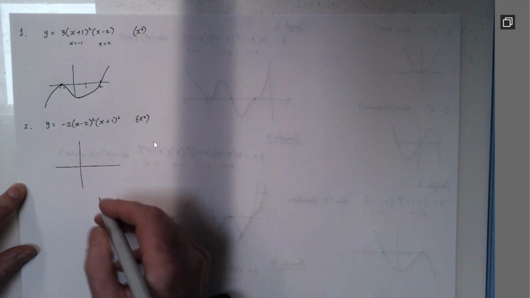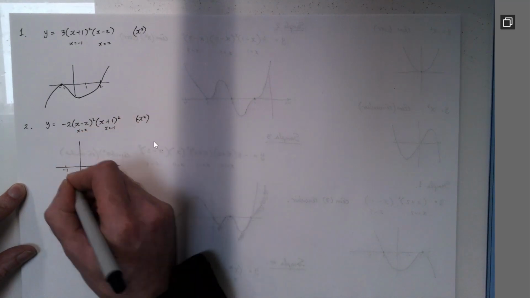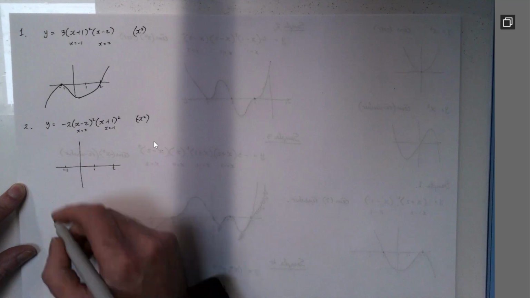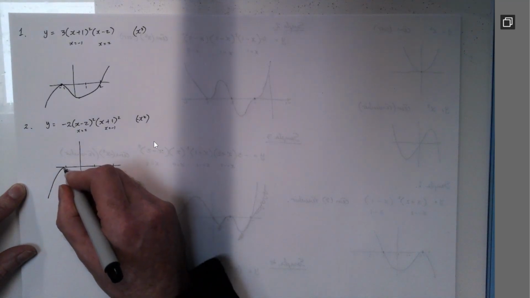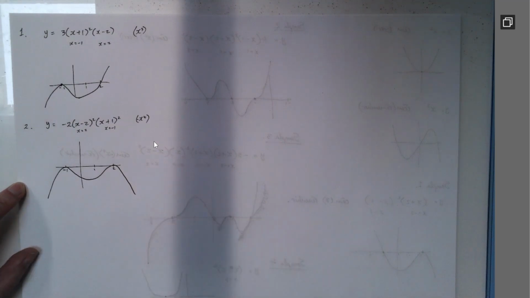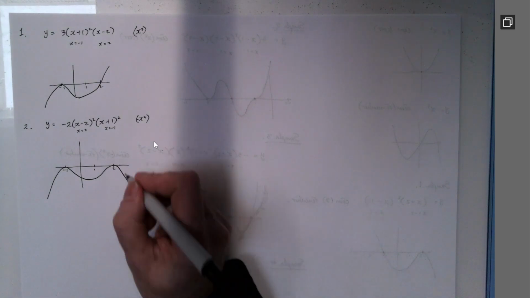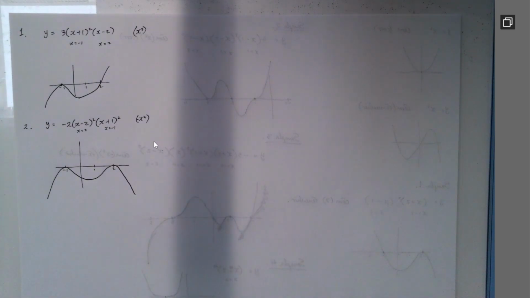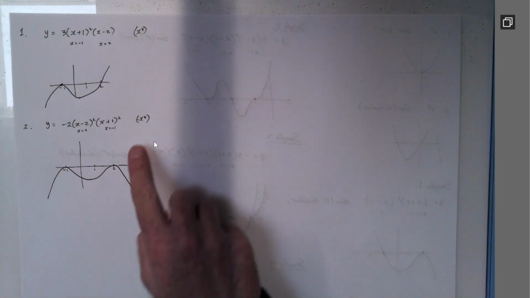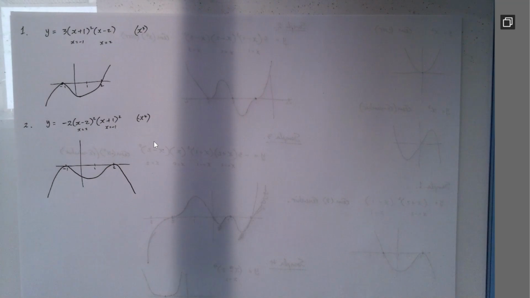The roots are repeated, so we curve at each root. And there's your curve. Negative even, so therefore 2 arms down.